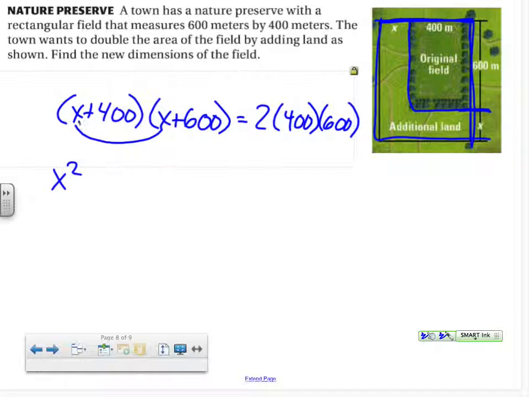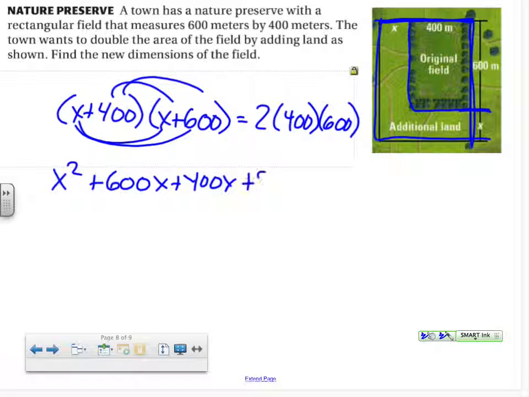X squared plus 600x plus 400x plus 240,000 equals twice 240,000, or 480,000. All right, let's get this to standard form.